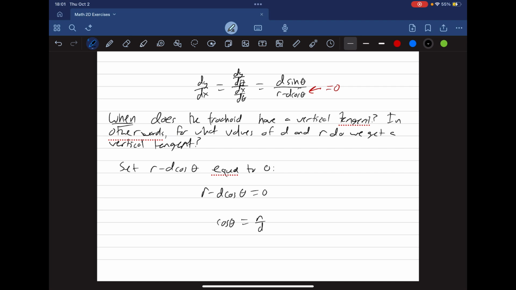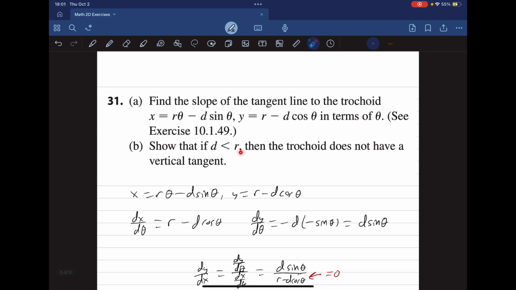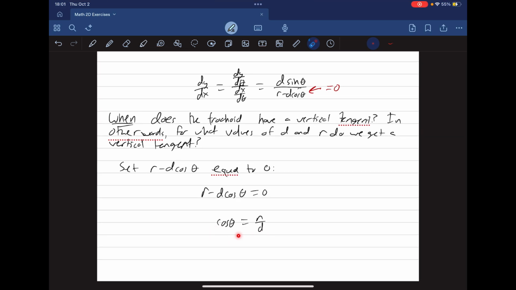We could solve for the angle theta if we wanted to, but it might actually be easier now to go back and ask this question. So now we know when we have a vertical tangent: we need the cosine of theta to be equal to r over d. But if d is less than r, then r over d is going to be bigger than 1.